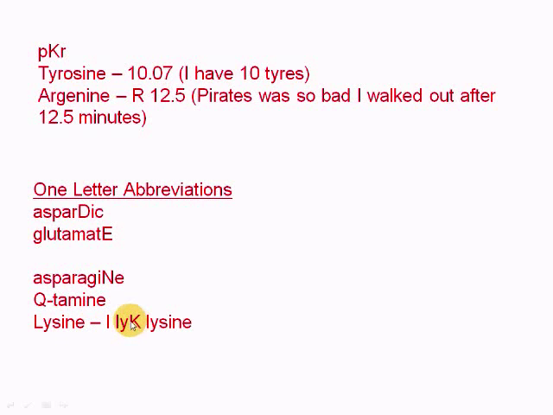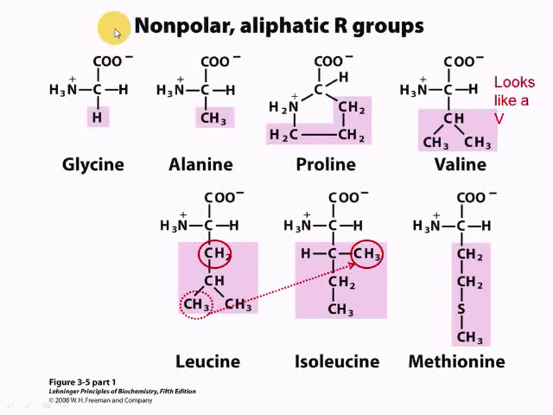And so the K is the abbreviation for lysine. There's 5 groups of amino acids, and we're about to go through those 5. The first are non-polar, and note that glycine is the most simple with just a hydrogen. And remember, glycine is the only amino acid that is not chiral.